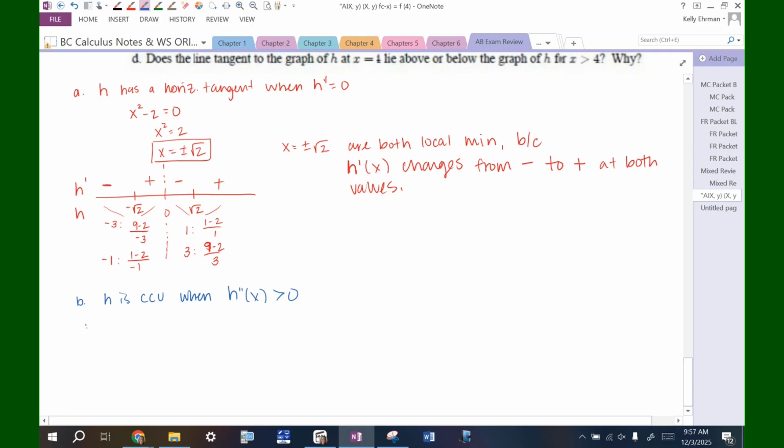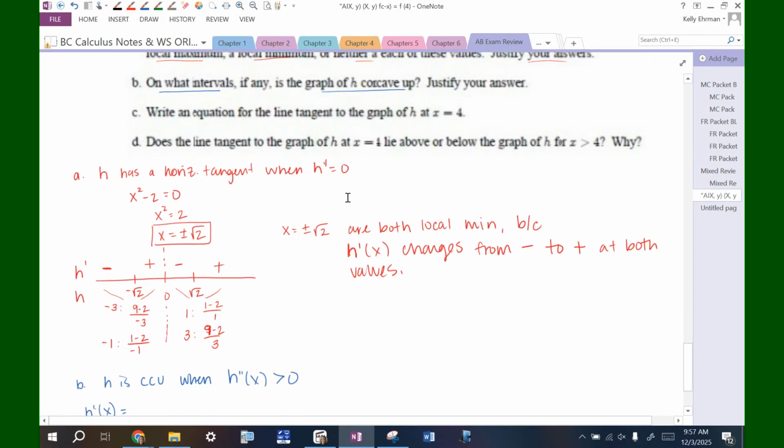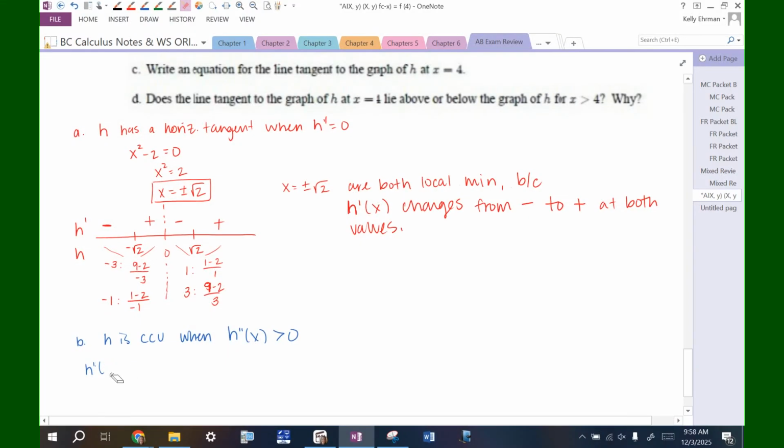So let's see. h double prime is equal to, we can either use the quotient rule or we can just divide here. So actually, let me write down what h prime is equal to. Sorry, I'm all over the place here. So let's simplify h prime of x. It's x squared over x, which is x, minus 2 over x.